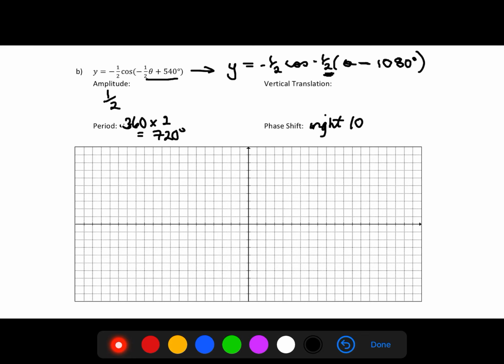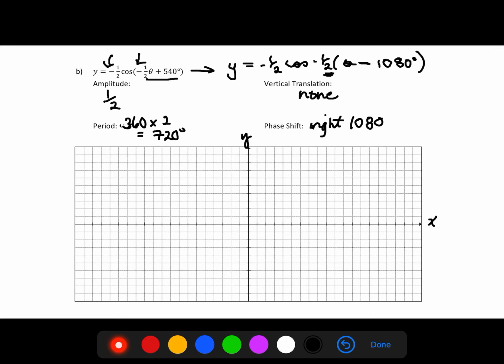We're going to have a phase shift to the right 1080. And we have no vertical translation.